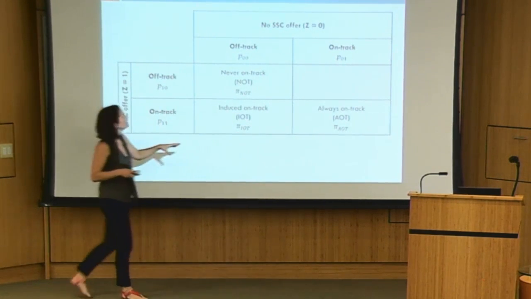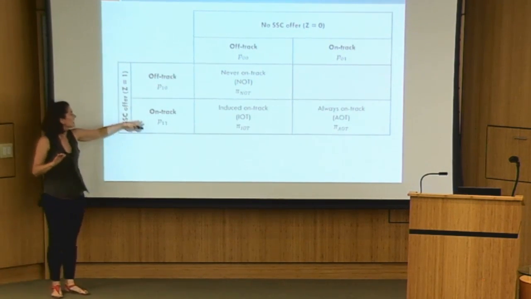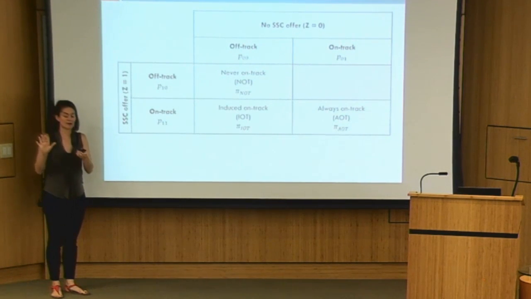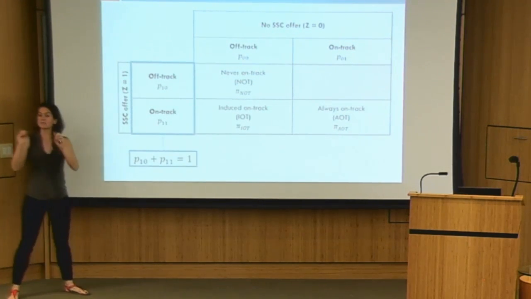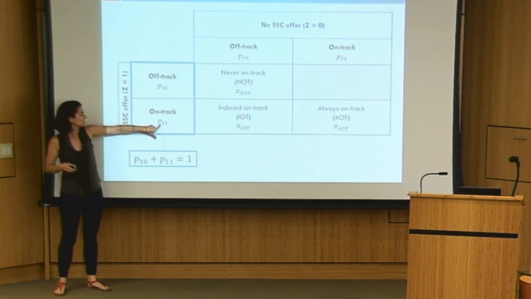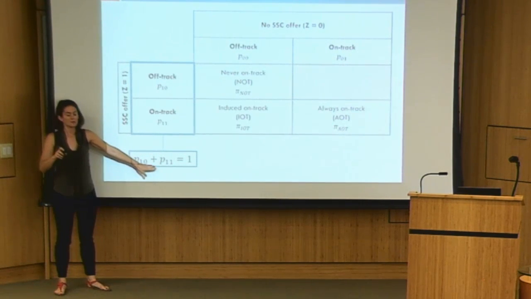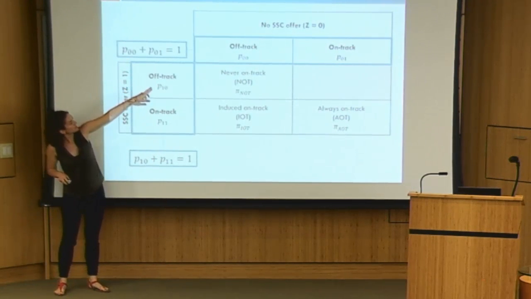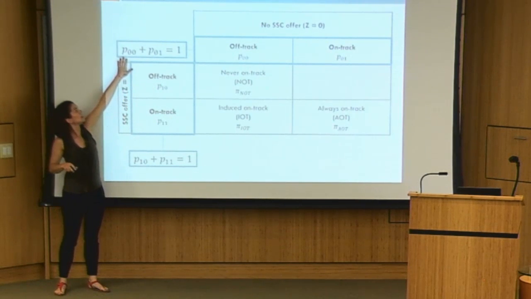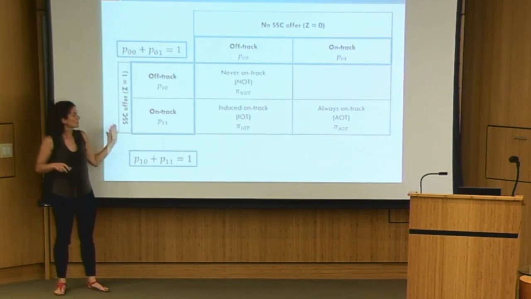So it's useful to be very clear about the relationships among these different marginal values. Just to be crystal clear, the sum of these two proportions is going to sum to 1. Across the top, the sum of those two proportions also sums to 1. So the marginal proportions sum to 1.